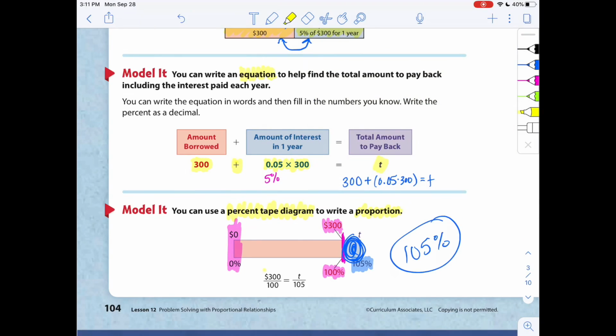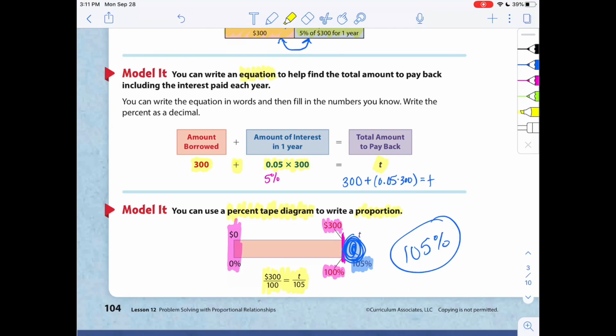Now the way that we can write this with a proportion, you see that they've already written it as a proportion for us down here at the bottom. So 300 and 100% go in one ratio together, because remember those were lined up on the tape diagram, and that's set equal to another ratio, our total over the 105% from our tape diagram.